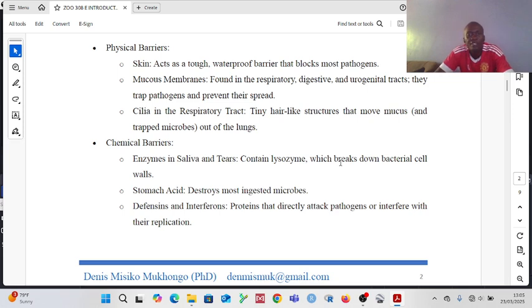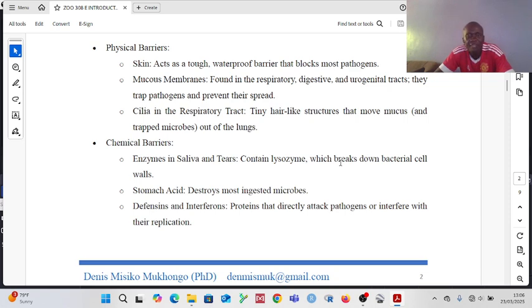What that does, it moves mucus. That mucus will have trapped microbes that will have otherwise found their way into the very delicate organs like the lungs. Okay. Then we have chemical barriers, so things like enzymes, which you find both in saliva and tears.